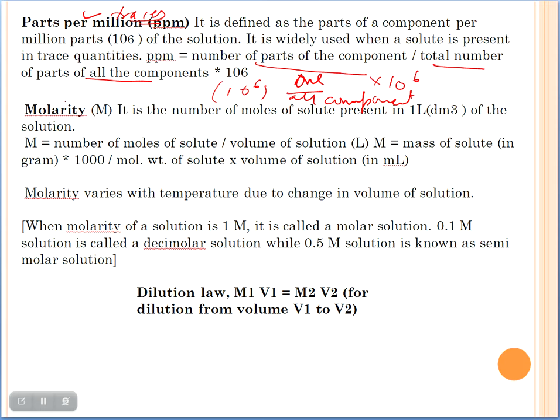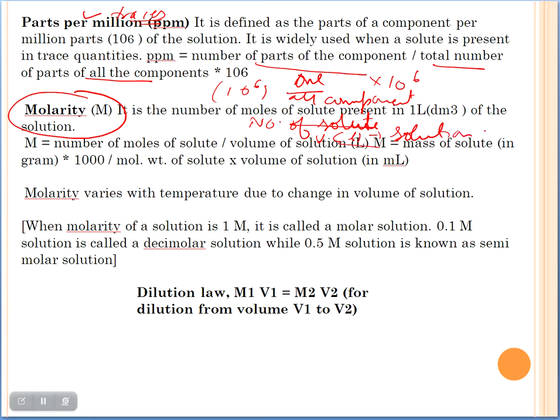Next, we are moving towards molarity. We have defined it as big M, number of moles of solute divided by volume in liter. The volume in liter will be of the solution.